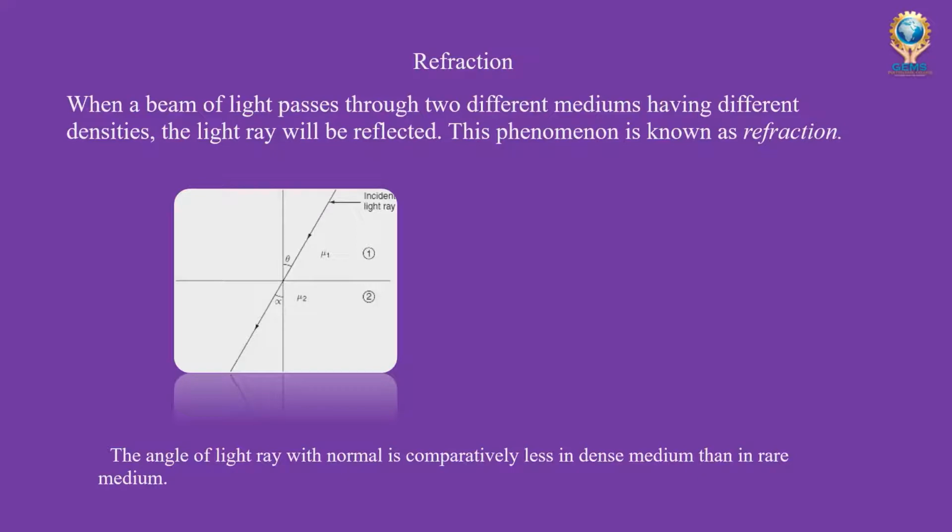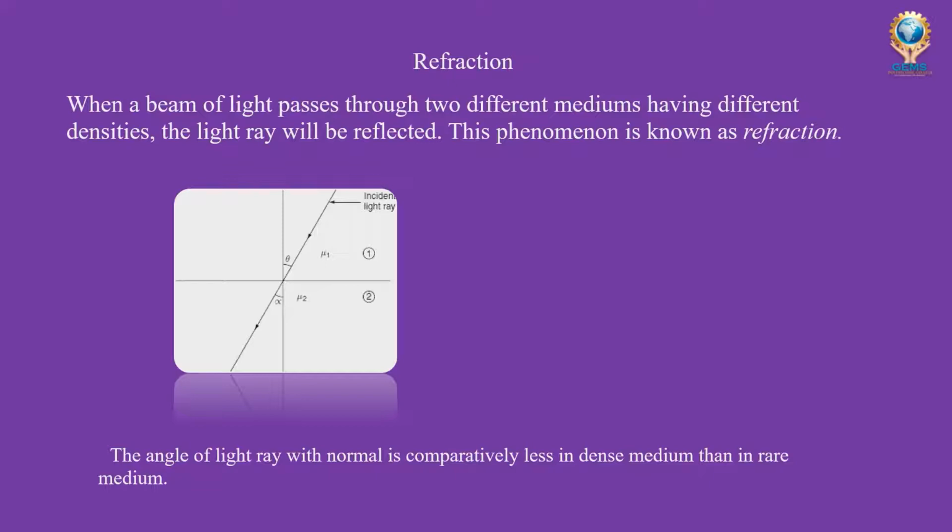So here we can see the two media, mu1 and mu2, and the incident light ray is coming. Here theta is the incident angle, and alpha is the refraction angle. So this phenomenon is called refraction.